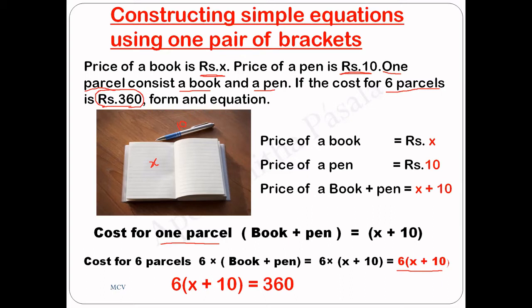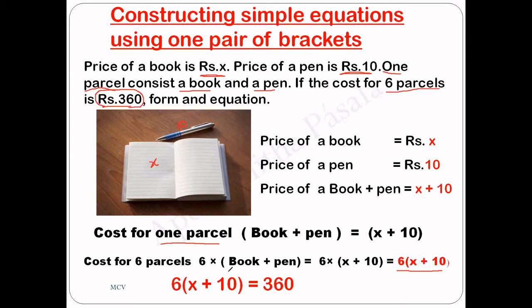This is the equation. This part in the left hand side, 360 in the right hand side. Both sides we combine by the equation sign. So in an equation, there's an equation sign, and there are terms in left hand side and right hand side.